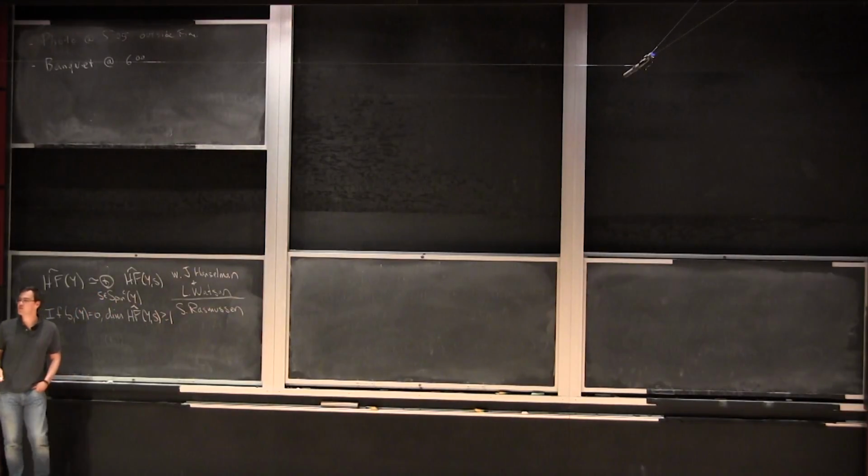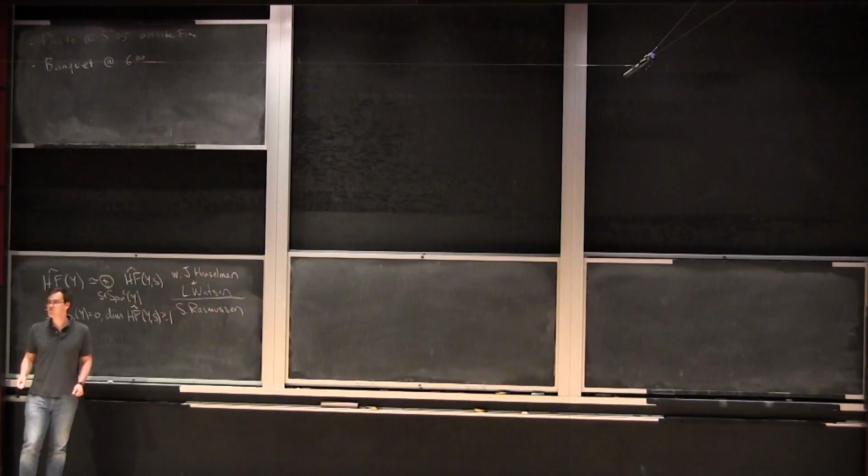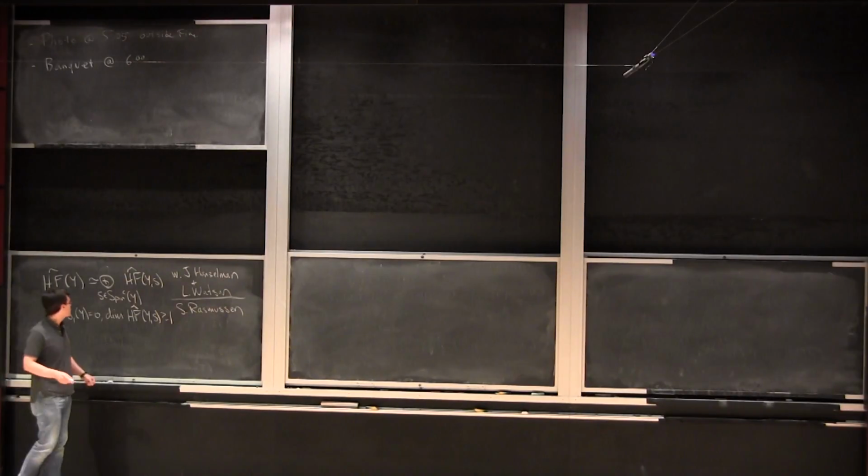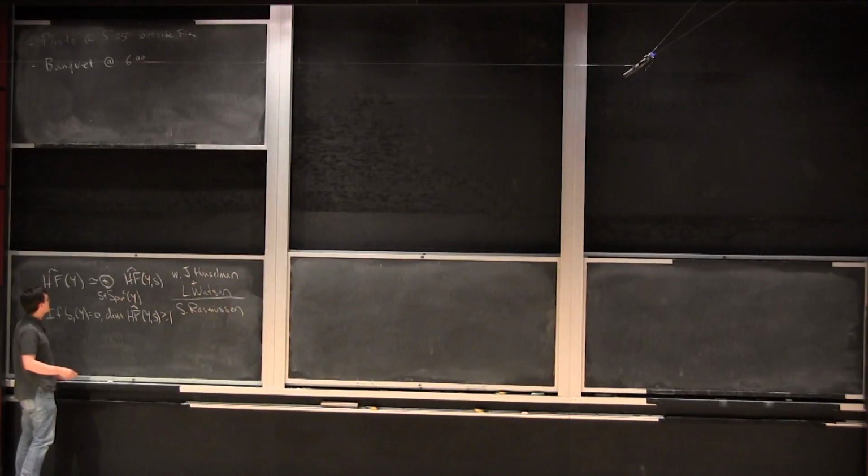I wrote dimension here because everywhere throughout the talk I'll work with Z mod 2 coefficients. It's always over the field of size 2.